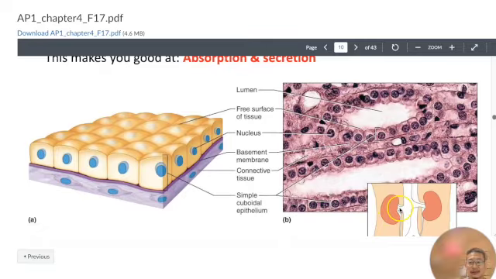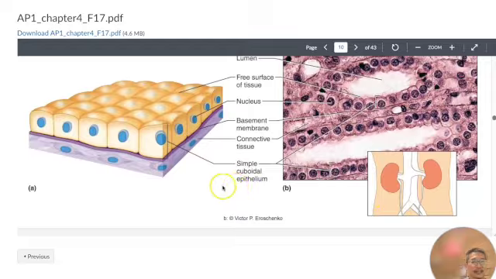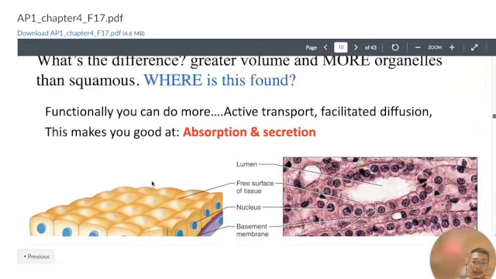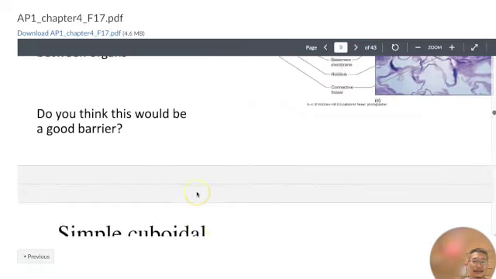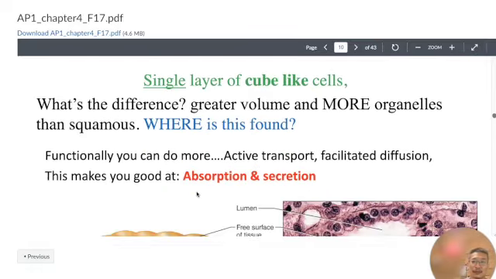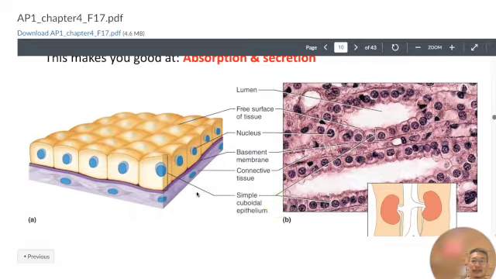These are kidneys. So, simple squamous, filtration, things can go in and out. Simple cuboid, found in the kidneys, absorbs things and secretes. Secrete, if you guys know, secretion means making things and pushing it out.